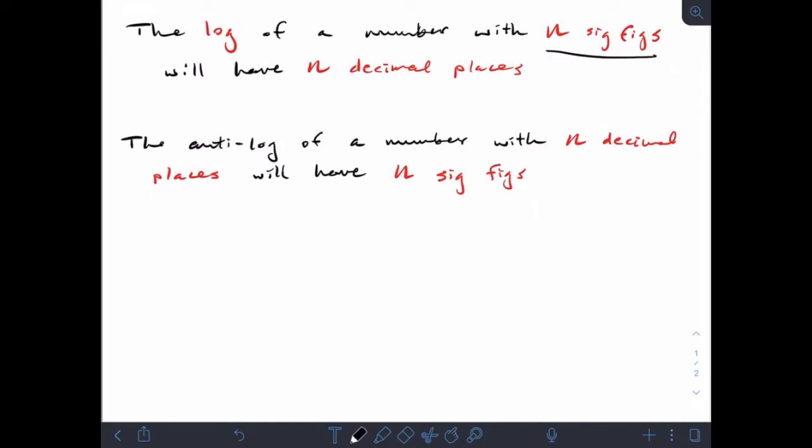If I take the log of 0.0056 and punch that into my calculator, I get negative 2.2518 and probably some more digits. The number of sig figs in the original number will dictate the number of decimal places in my answer. So for the number I'm taking the log of, how many sig figs are there?